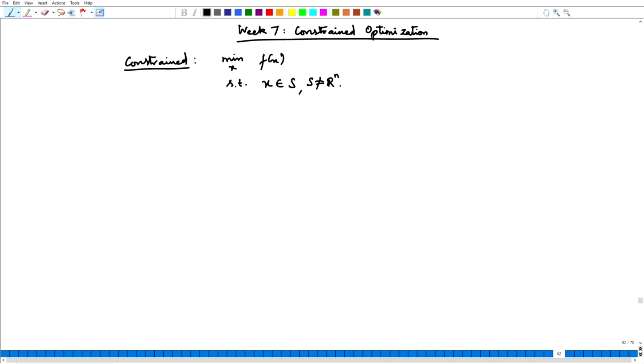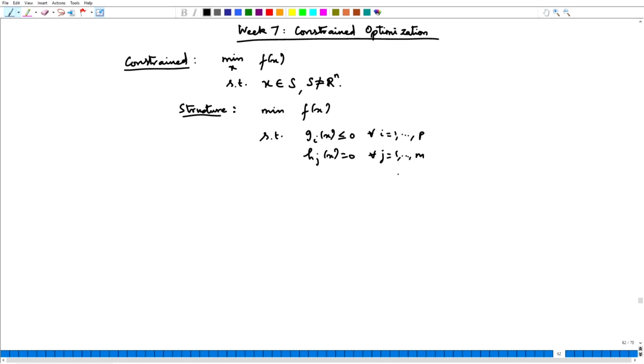We assume a structure for the constrained optimization problem, and the structure is as follows: min over x of f of x subject to the condition that g i of x is less than or equal to 0 for all i equal to 1 to p, and h j of x equal to 0 for all j equal to 1 to m.